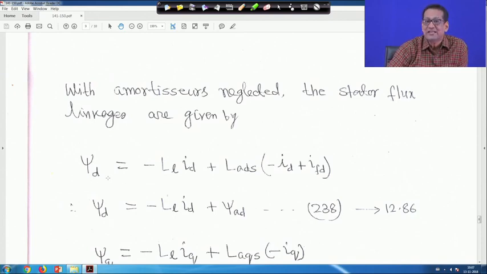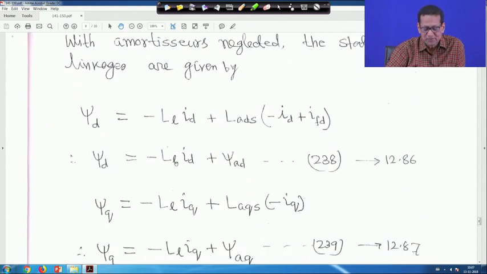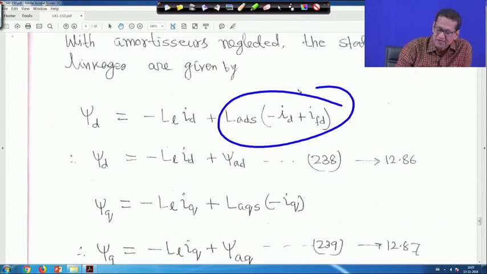Psi d is equal to minus LL ID plus LADS in bracket minus ID plus IFD, or psi d is equal to minus LL ID plus psi AD. Psi AD is equal to this term. Please go back to figure 20A.